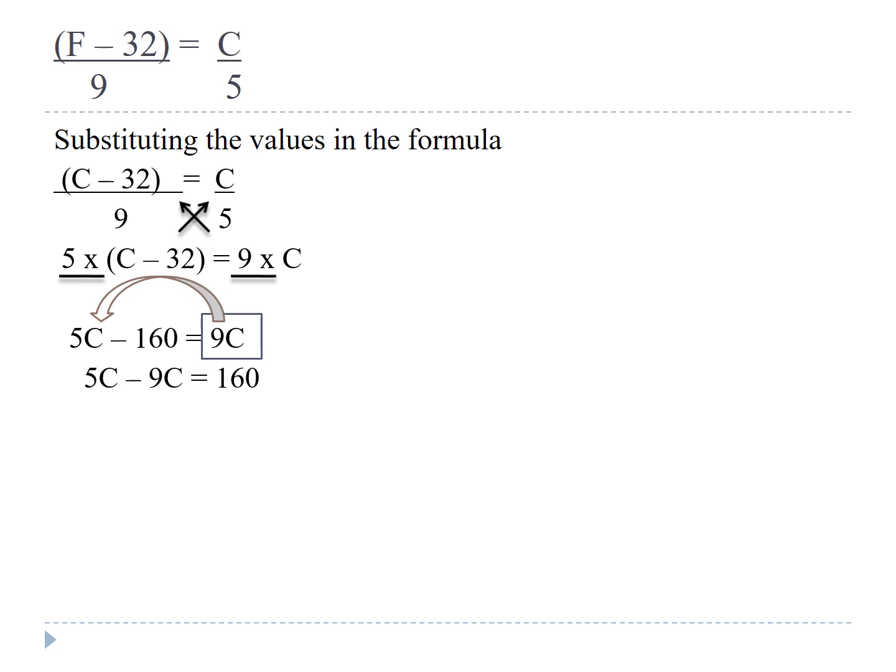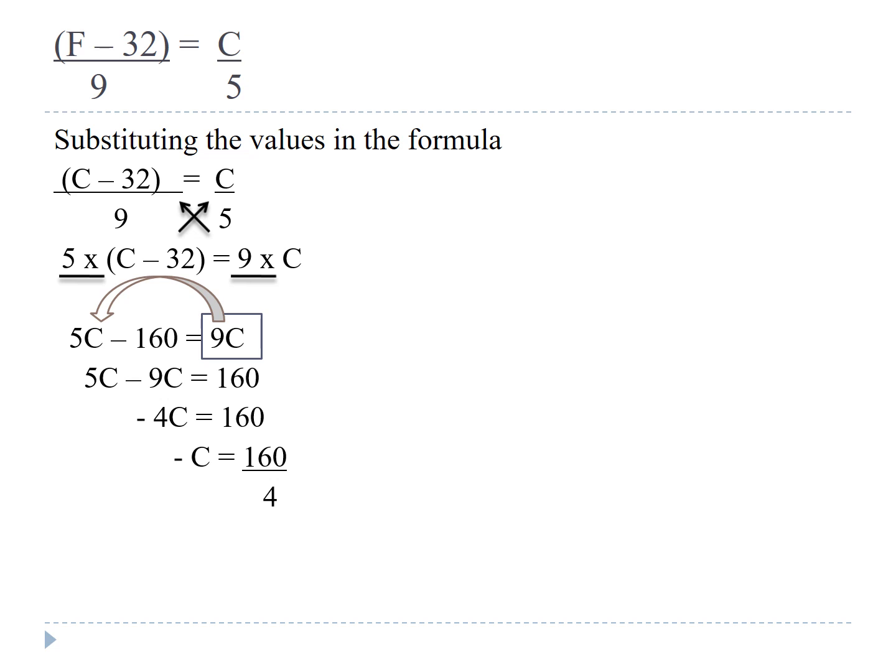The minus sign will become opposite. Okay. So 5C minus 9C is minus 4C. So minus 4C is equal to 160. So what is C then? C will be equal to 160 by 4. The 4 that is there has moved into the denominator.